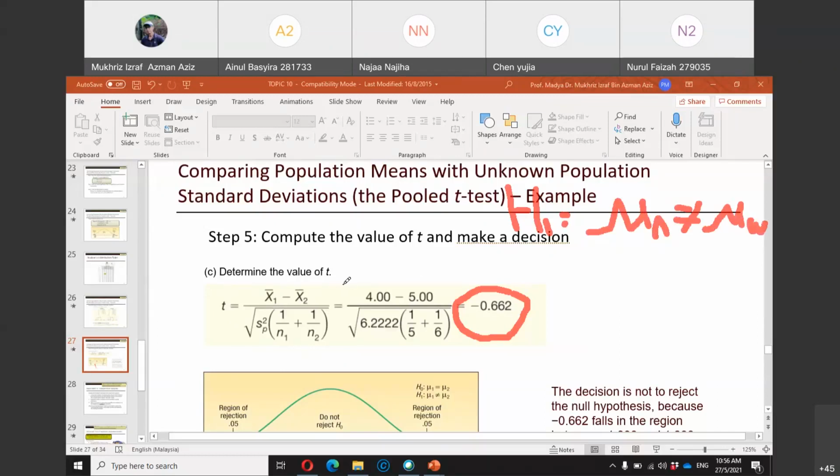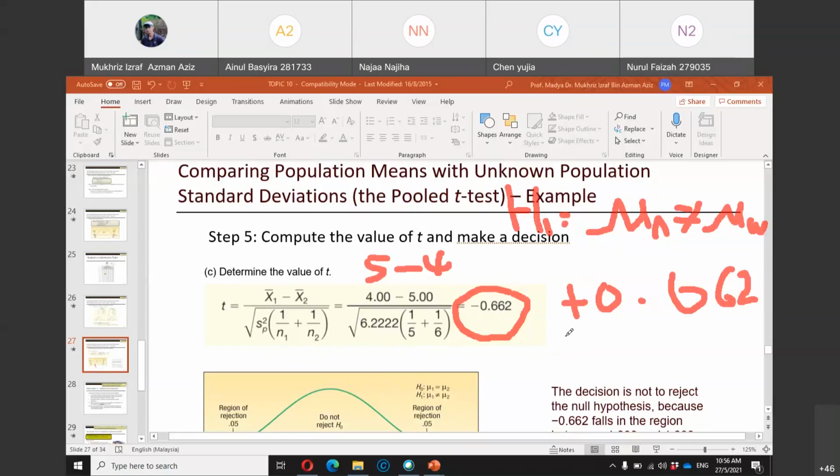Instead of 4 minus 5, it will be 5 minus 4. But the bottom part will be the same, because this is just the pooled variance. Instead of getting negative 0.662, the student will get positive 0.662. So is this right or wrong?